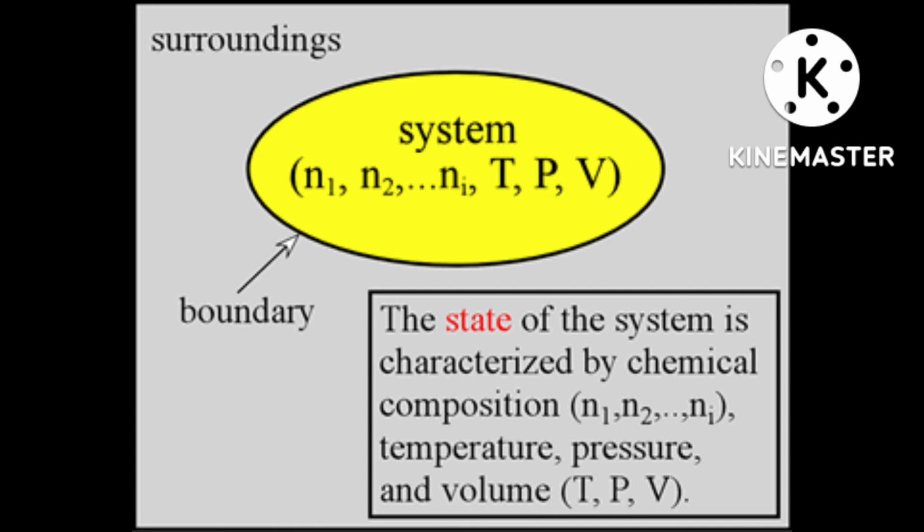Means delta U is equal to U2 minus U1, final internal energy minus initial internal energy, and that delta U is equal to W, adiabatic work, or simply work. Delta U is equal to W.